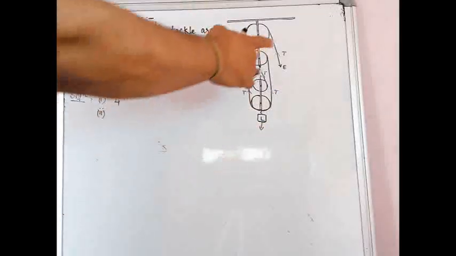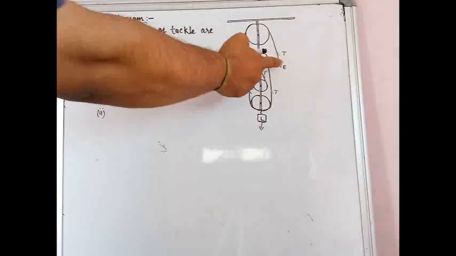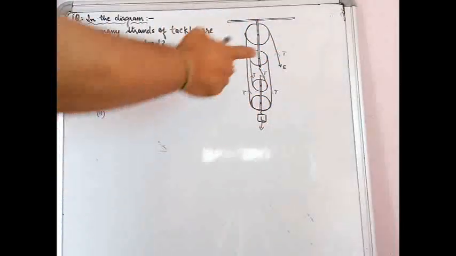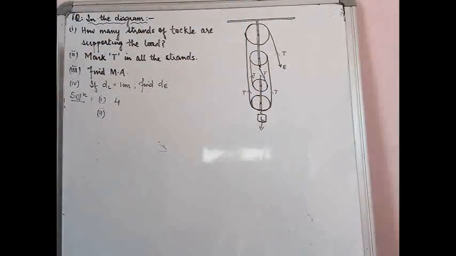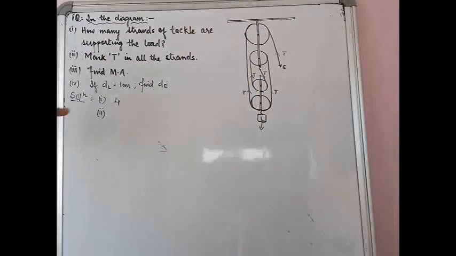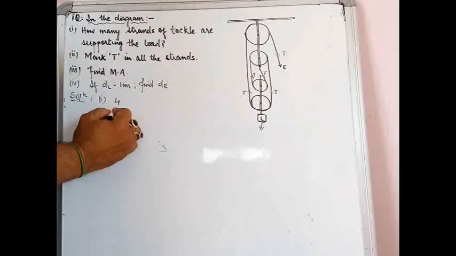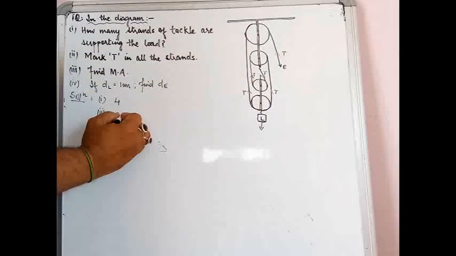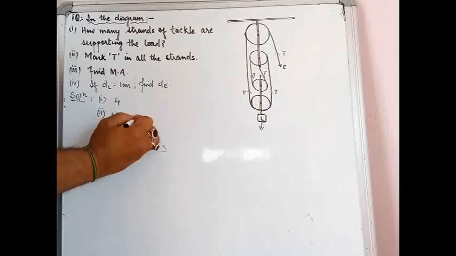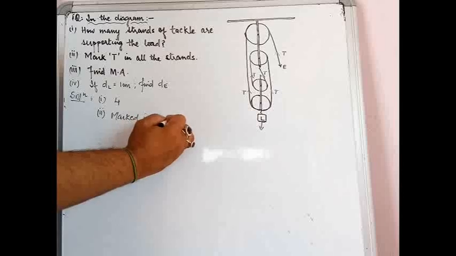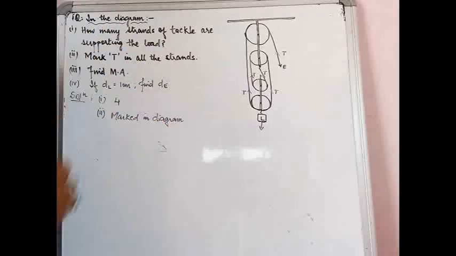The reason it is all T is because ultimately the same single tackle has been used throughout. After marking in the diagram, you can write over here, marked in the diagram. So that has already been marked in the diagram.